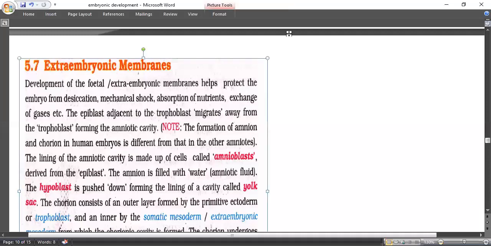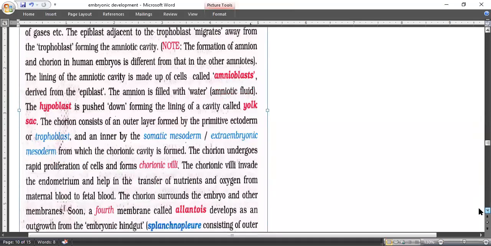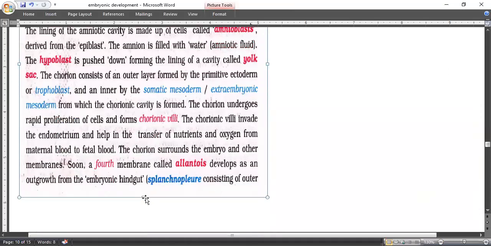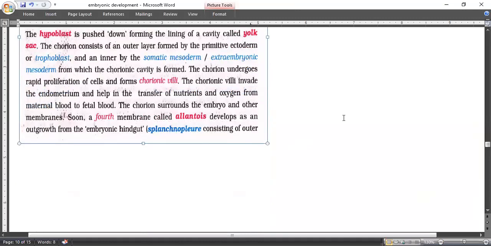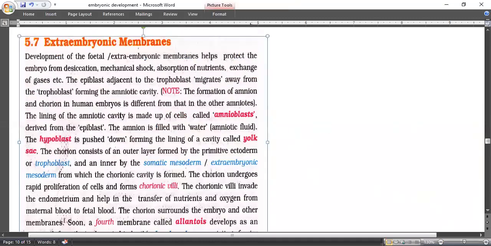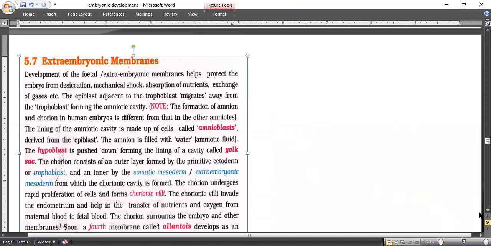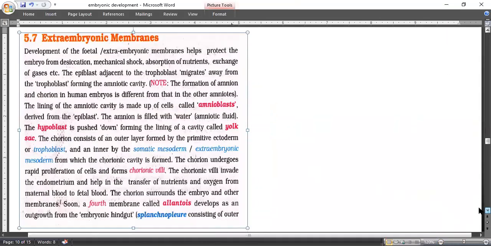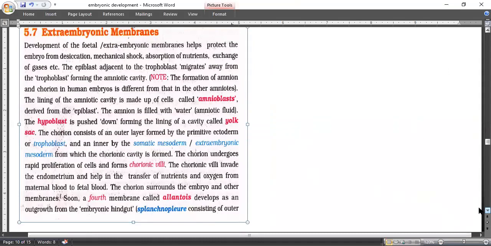So be patient, this is a little complicated. I am trying to show everything in one frame. So first of all, the extra embryonic membrane.